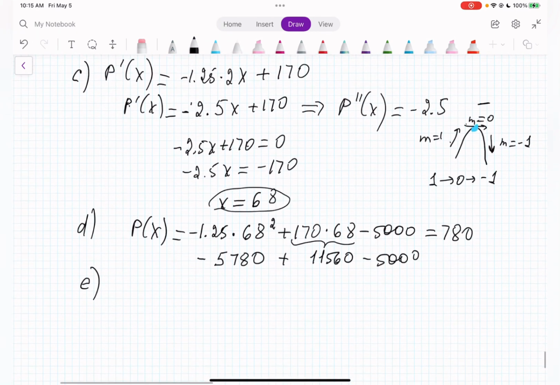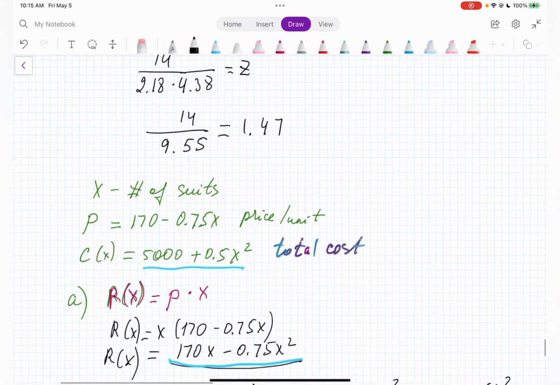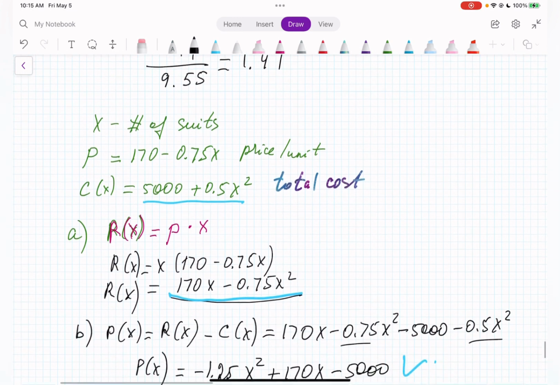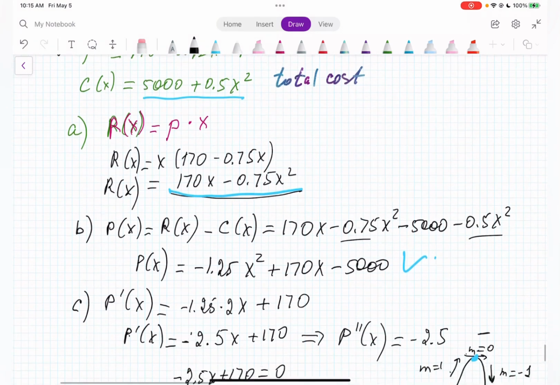This 68 we are going to plug into our original price. Where is it? Here it is: 170 minus 0.75x.